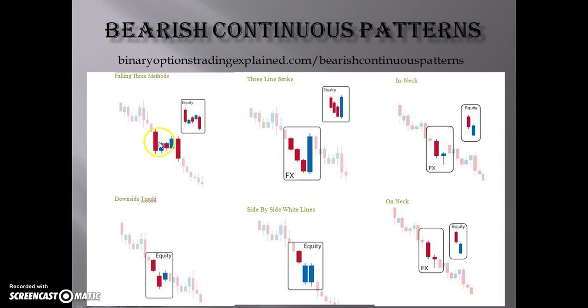Now when this forms, this is called the falling three methods. This is similar to the rising three methods you saw for the bullish continuous pattern. That's just the opposite of it. So once it forms this way, what traders or analysts do is they wait for the bearish candlestick to form, they wait for this bullish to form as well, wait for this bullish or bearish, depending on whichever one it is, to also form, wait for another bearish and bullish candlestick to form, then they wait for this bearish candlestick to form.